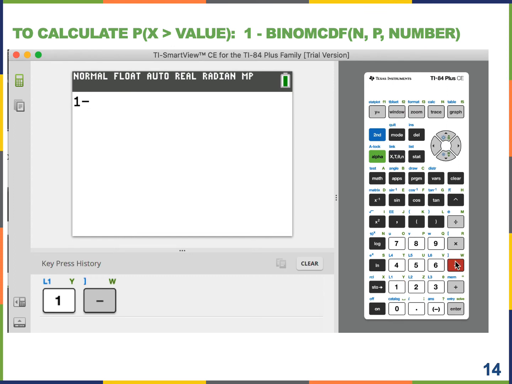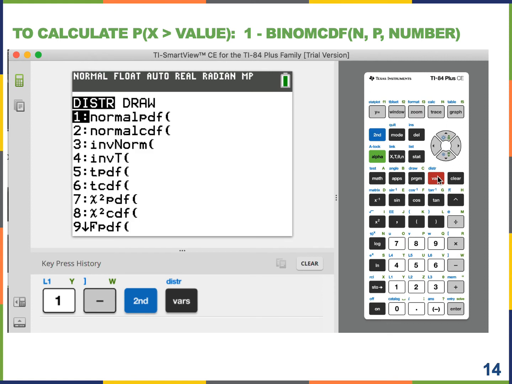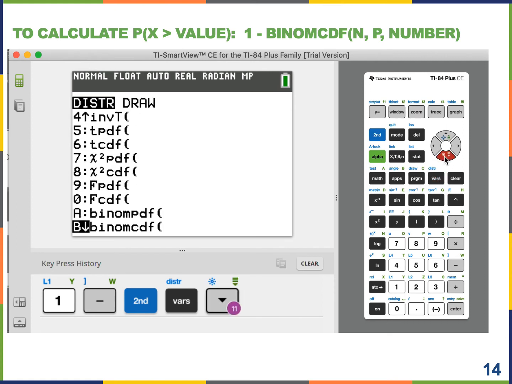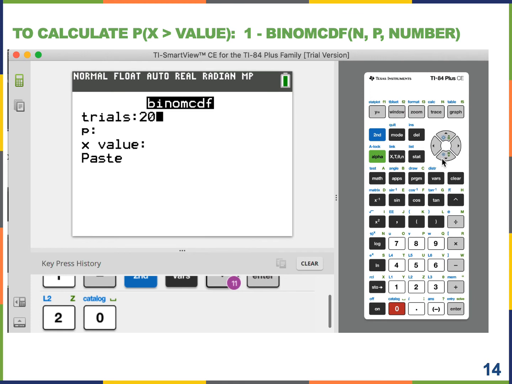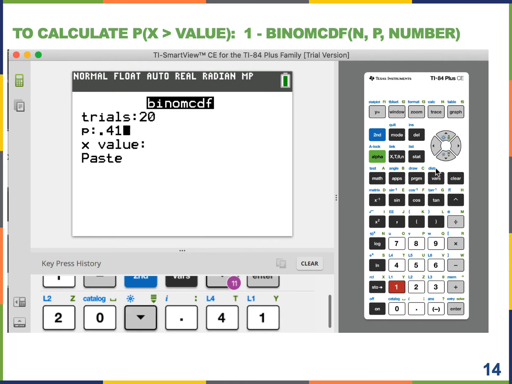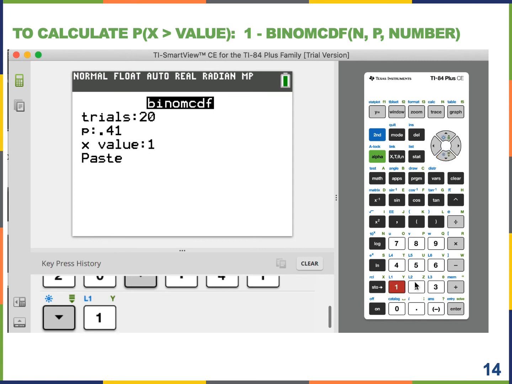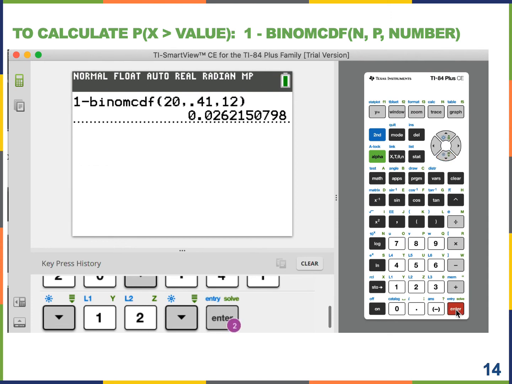So 1 minus, second distribution, and then you go down to binomial CDF. Like before, enter 20, 0.41, and the x value is 12. And then paste. So this is for x greater than 12. And there it is.